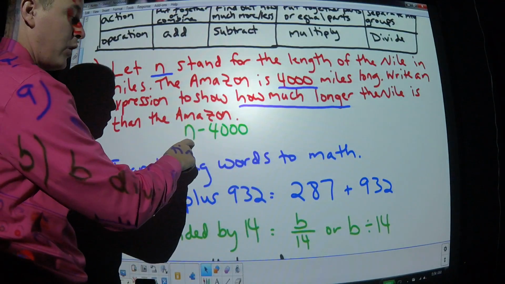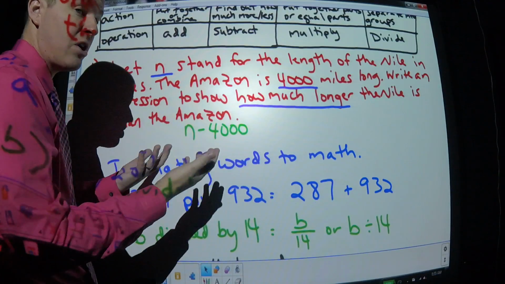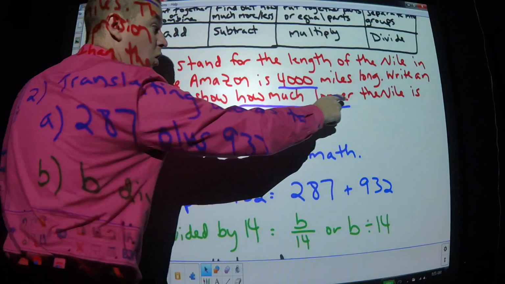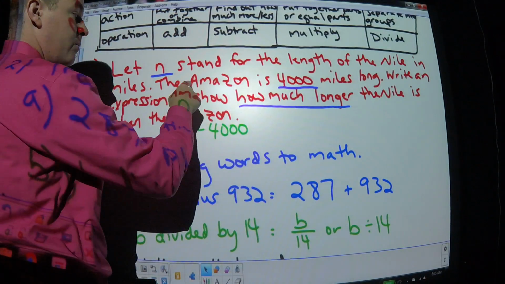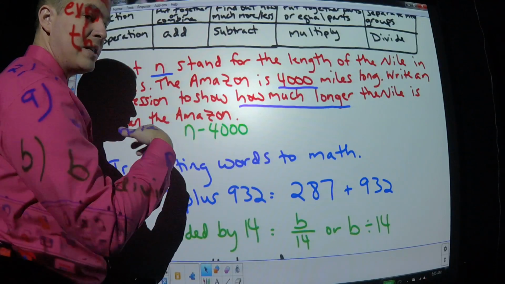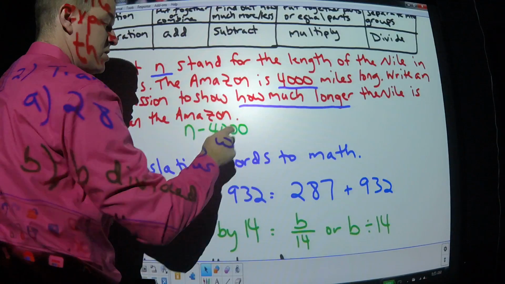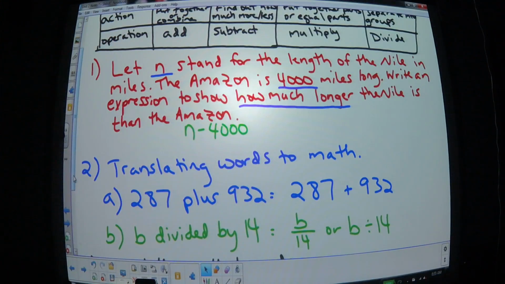So therefore N is first, since it's the larger number. Even though we don't know what N is, we know that N is larger because it's longer. All right? So then what are we taking away from N? We're taking away 4,000 miles, which is the Amazon. So N minus 4,000 is going to be our expression.